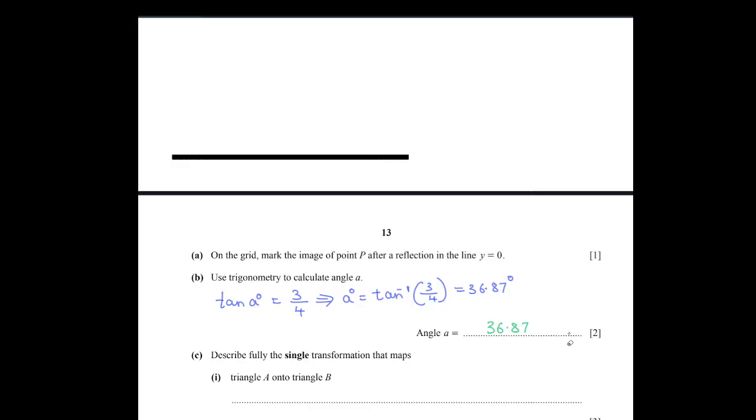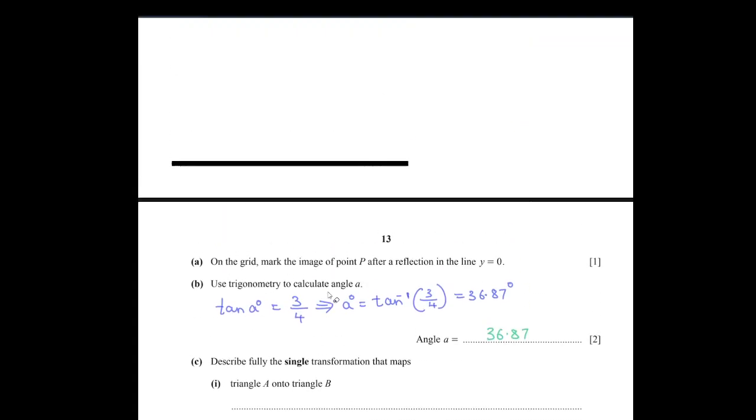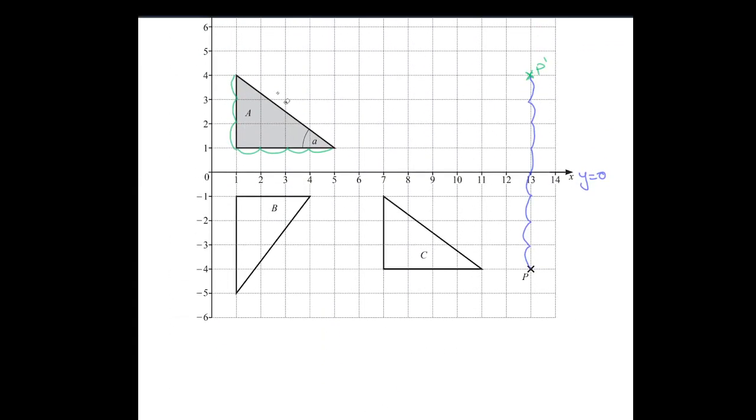Then question number C. Describe fully the single transformation that maps triangle A onto triangle B. Now this is completely rotated, it's rotated 90 degrees. But we need to find out the center of rotation.